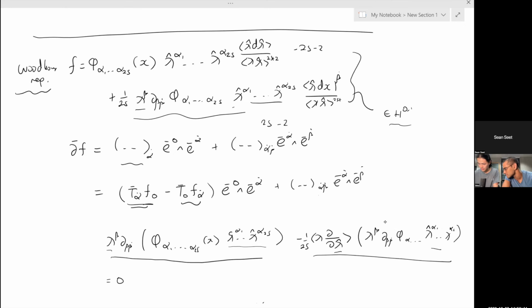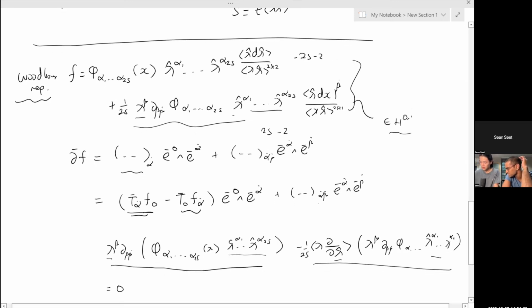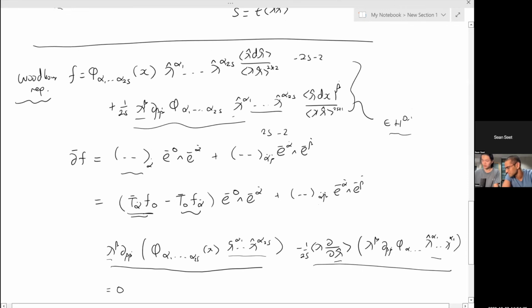So I need more weight over here. And then the weight in lambda hat is, oh no, sorry, this 2s plus 1.